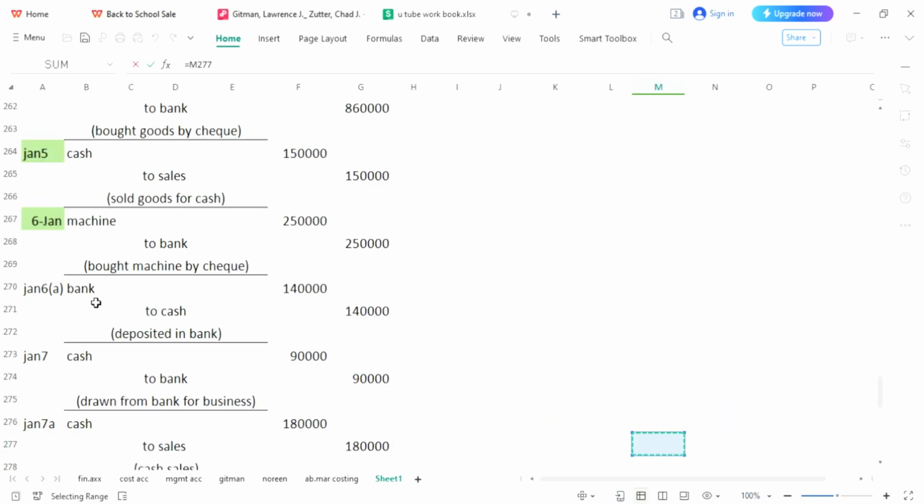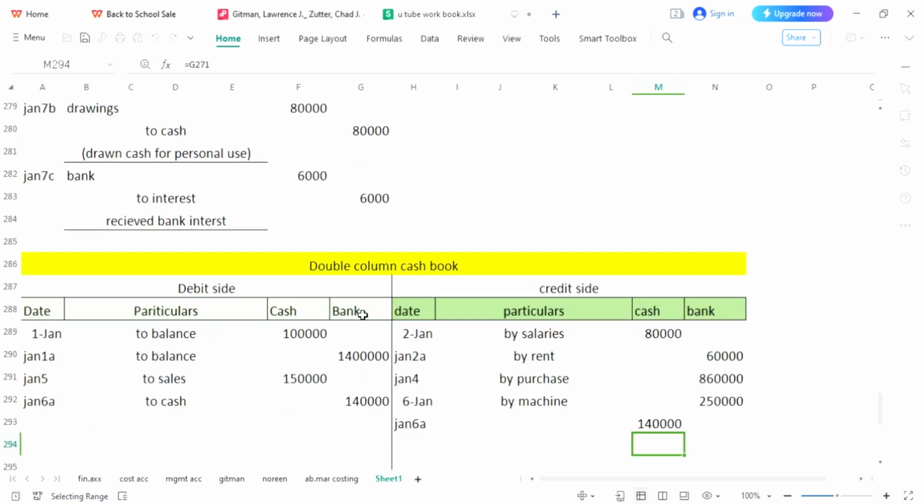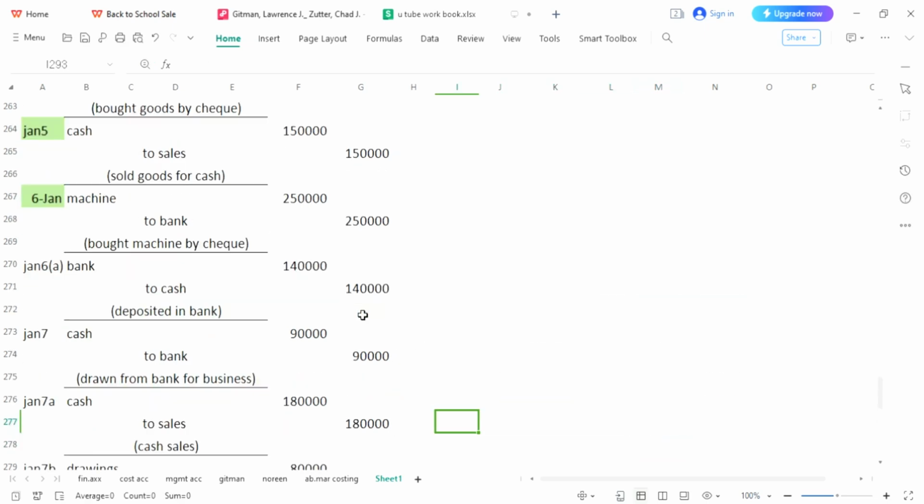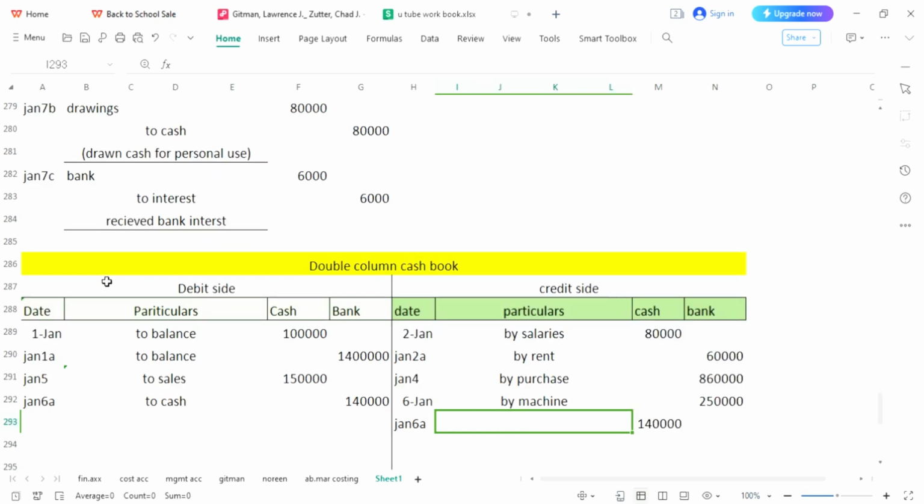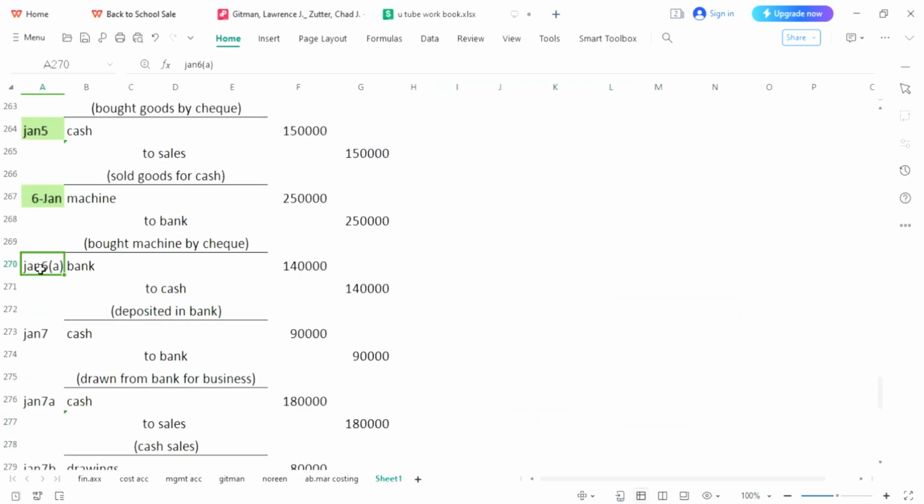You can see this is January 6A. Cash was credited by 140,000. So you will post over here. Now see what is written on the opposite side, that is bank. So you will mention by bank. In this way, January 6A is also completed and we are marking it as it has been done.